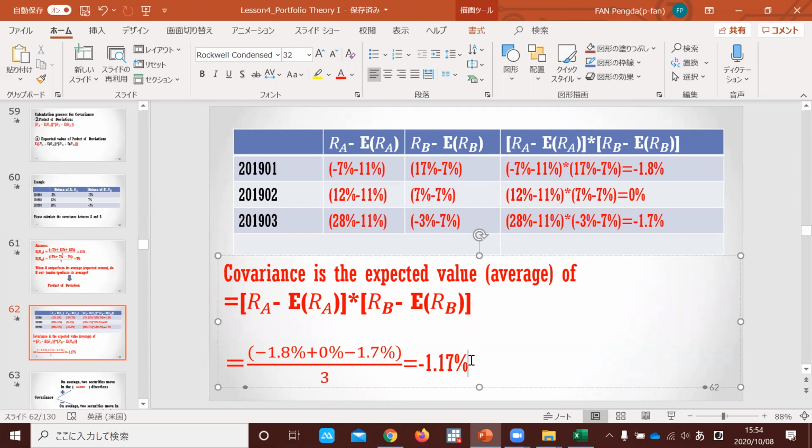If we standardize this number by the product of sigma A times sigma B, let me see the calculation of sigma A and sigma B. Sigma A is around 14%, and sigma B is 8%.